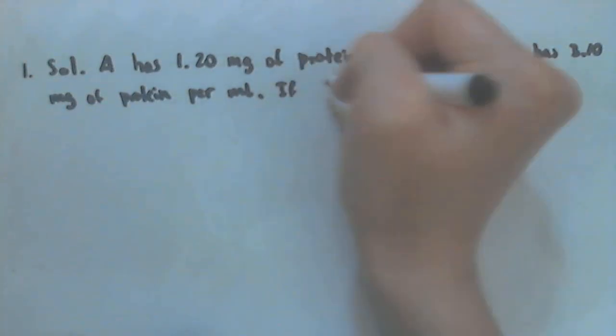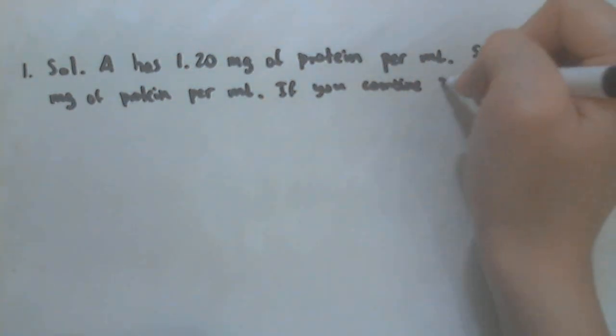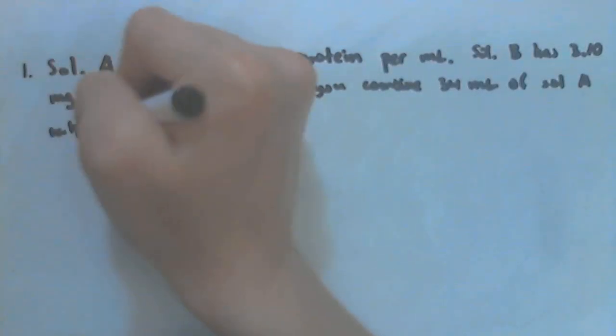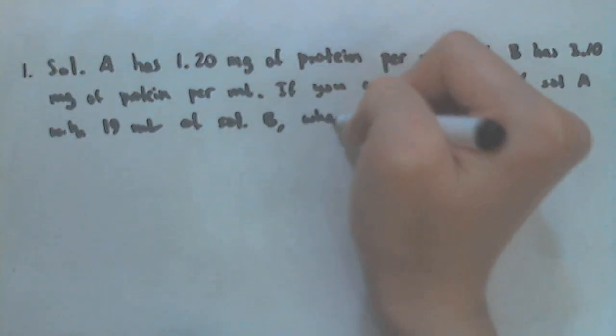If you combine 34 milliliters of solution A with 19 milliliters of solution B, what is the protein concentration?